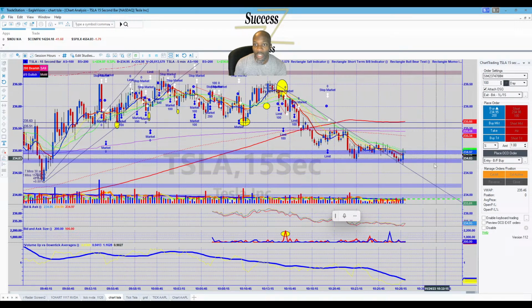Oh, that one looks good. That one looks good. It's trying to move sideways now. And by sideways, I mean it's breaking this descending resistance. Right? This descending resistance trend line.